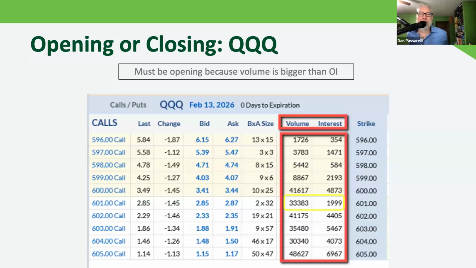Now, this data is not super ubiquitous. You have to look around for it. You have to have a resource for it. You can't just get it anywhere. But if we know that these calls, that 31,000 traded on the bid, we know that there was a person selling them to a market maker.